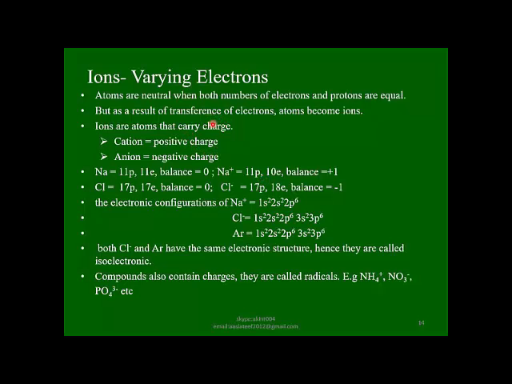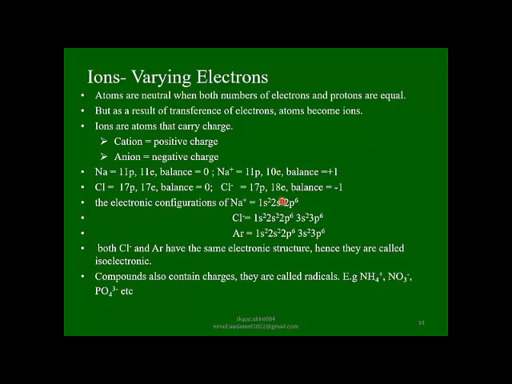Ions. What are ions? Ions are just elements that are carrying charges. If it is positive charge, we have cation. If it is negative charge, we have anions. So when we have 2 species that have the same electronic structure but are different elements, both are called isoelectronic. Like we have chloride ion and argon.